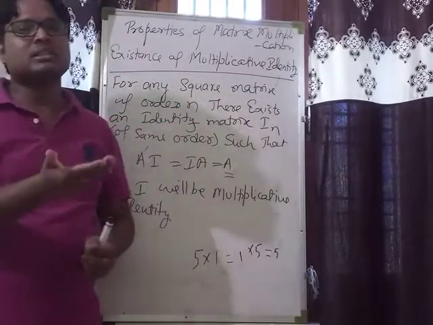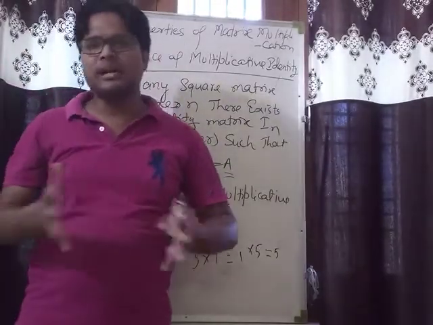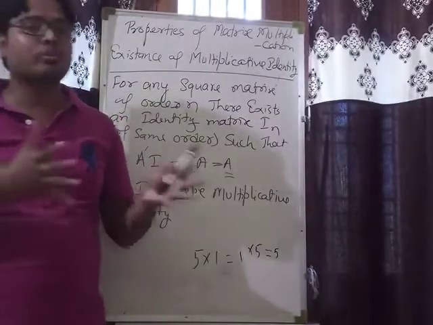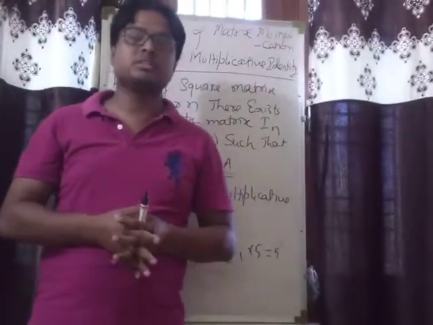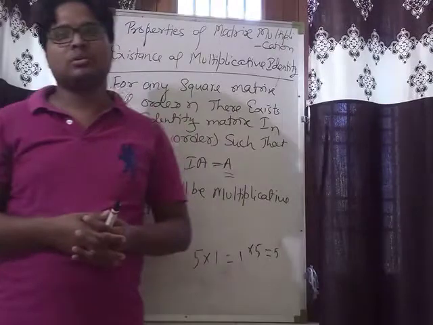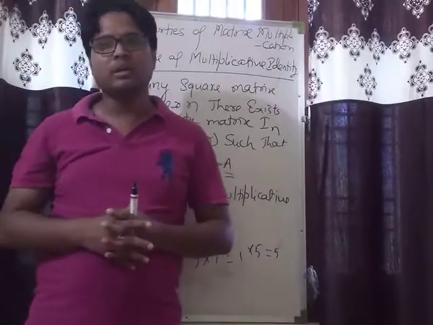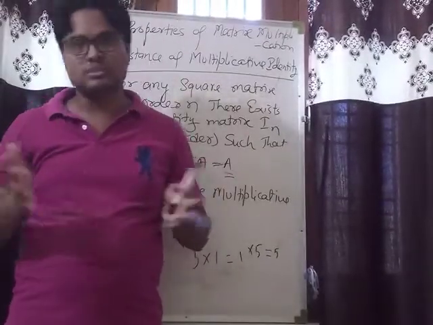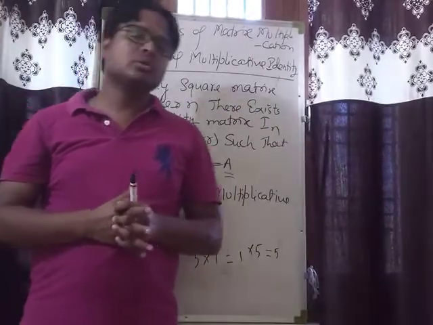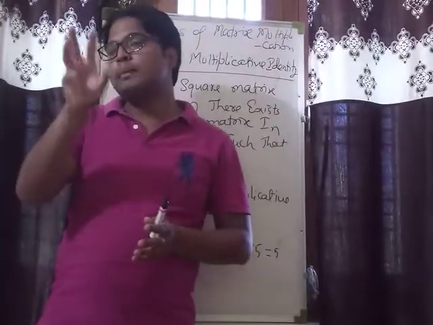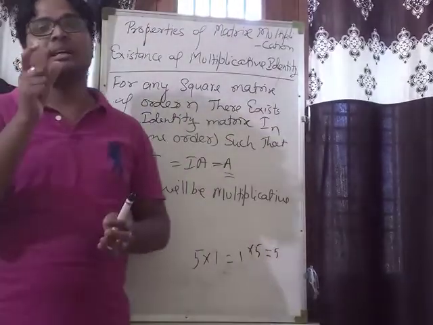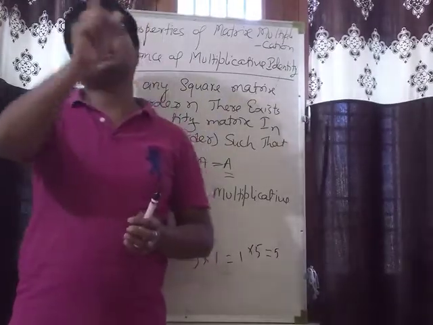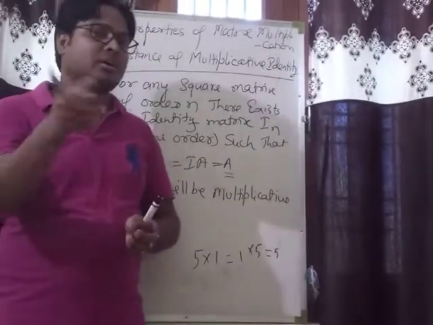Actually, we have discussed the identity matrix. What is the identity matrix? That is a square matrix, which is also a diagonal matrix, whose diagonal entries are 1 and other entries are 0. So, for every square matrix A, there exists an identity matrix I of the same order.